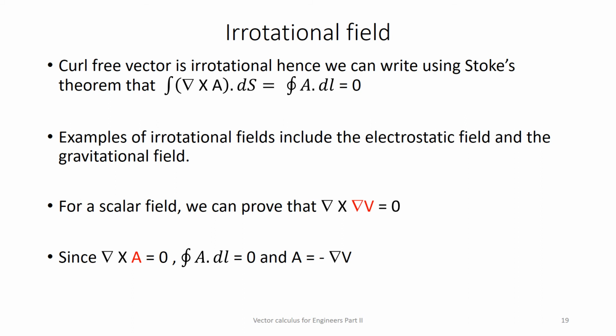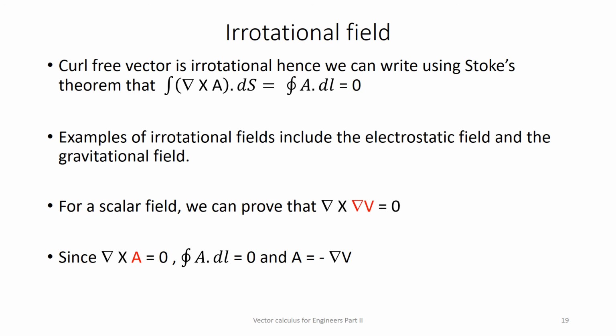Now if it is a scalar field, we can prove this easily because we know the definition of del. To find the curl of gradient of V, we will need to write a determinant, and if you solve the determinant you will get 0. Hence curl of gradient of V is equal to 0. In previous slides we have already proved this by writing the determinant.